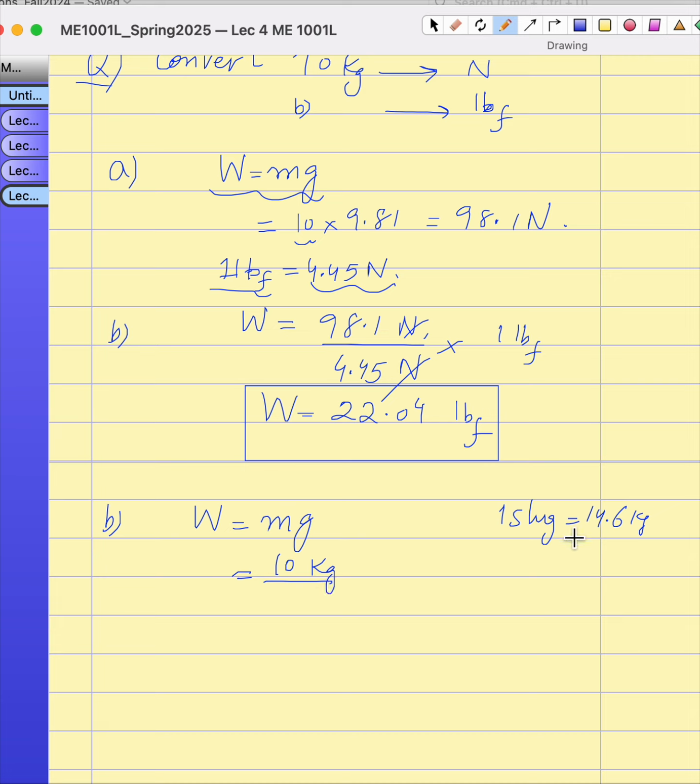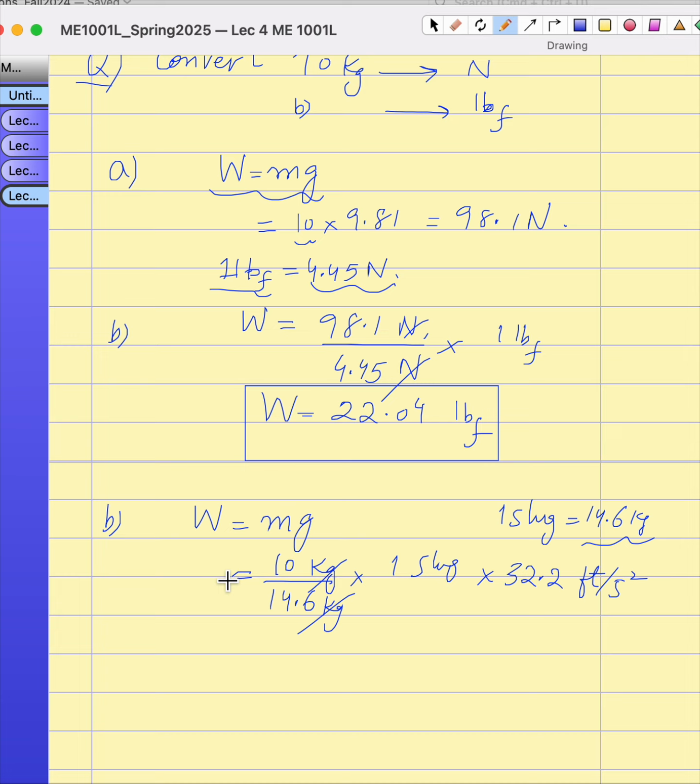So I write 14.6 kilograms over 1 slug in the denominator, so this is cancelled by this, and then the gravity should be written in terms of the USCS or Imperial system, 32.2 feet per second squared, and this gives the answer in pound force.